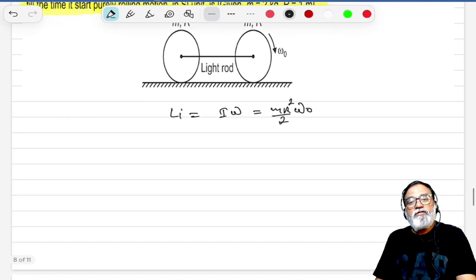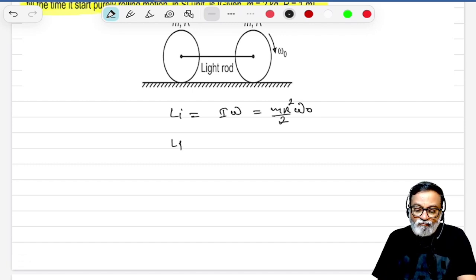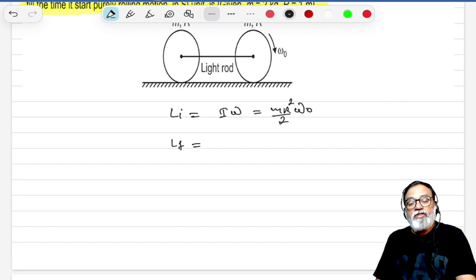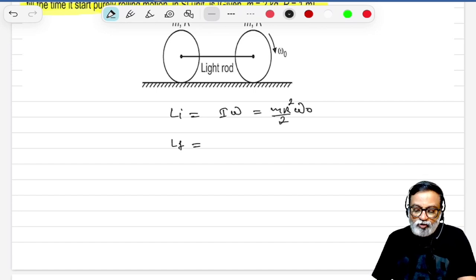See, when this starts pure rolling, the final angular momentum is the angular momentum due to rotational motion and also the angular momentum due to translational motion. Due to rotational motion I omega, plus translational motion mvr. There are two discs, therefore into 2.